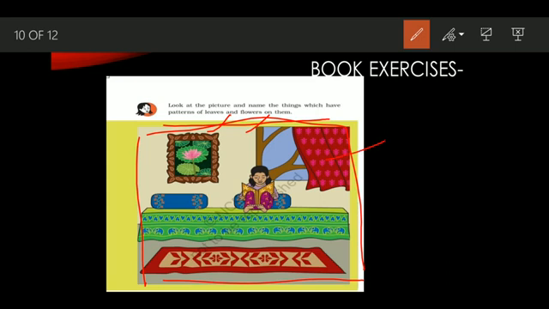You can see here that the curtain contains the picture of a flower. This wall painting also contains pictures of flowers and leaves. Pillow cover, bed sheet, carpet, book cover, and the cloth of the girl. These all contain the pattern of leaves and flowers. So you have to write the names of all these things.